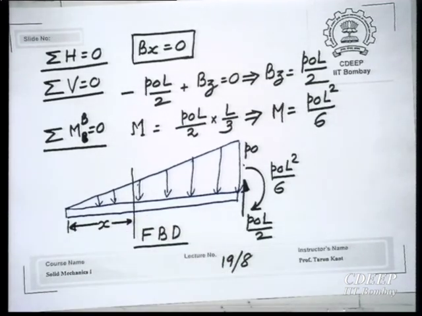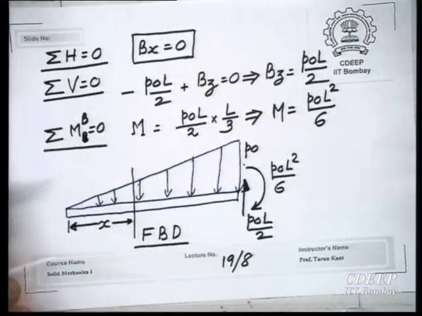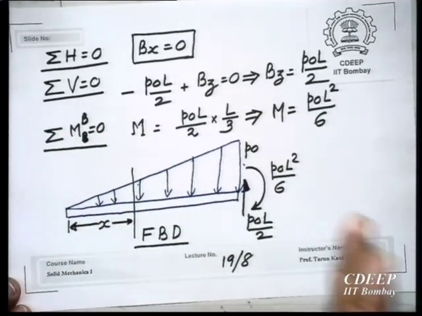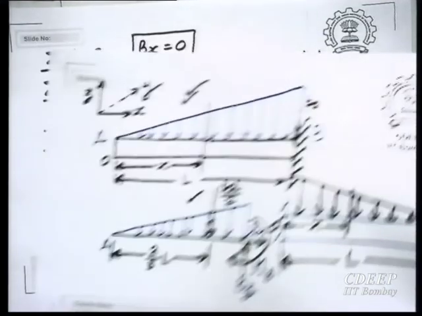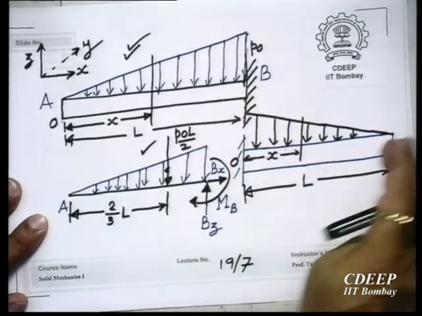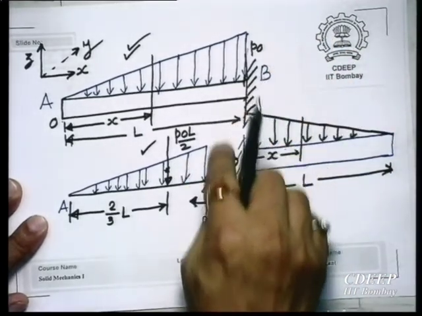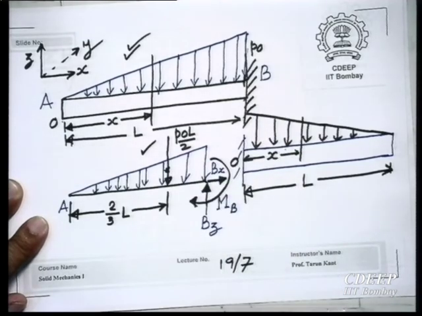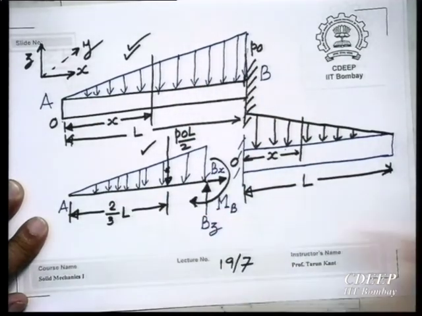So, tell me, I could have worked from left hand side to the right hand side, because from here everything was known. But if you had taken this diagram, then from left hand side these support reactions were necessary. But with the right hand side as origin, it is not nice to work backwards.